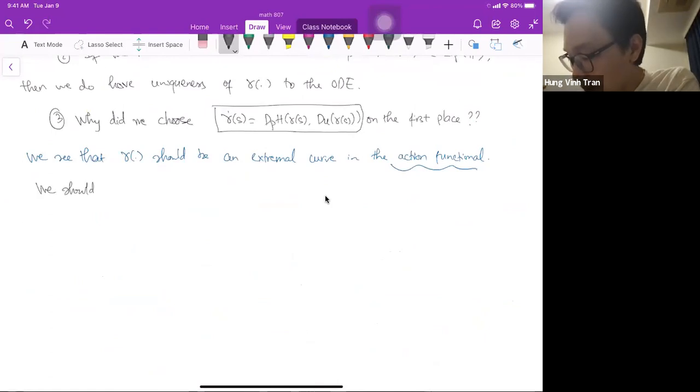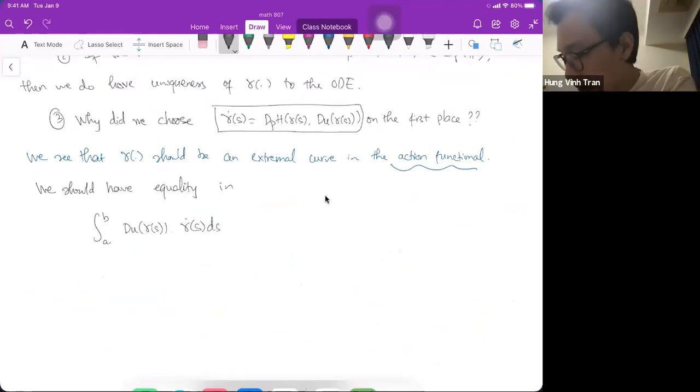If that is the extremal curve, we should have equality in the inequality that you have, du of gamma s dot with gamma dot of s ds. Again, this is still guessing, but it's better. I'm not saying that everything is natural.